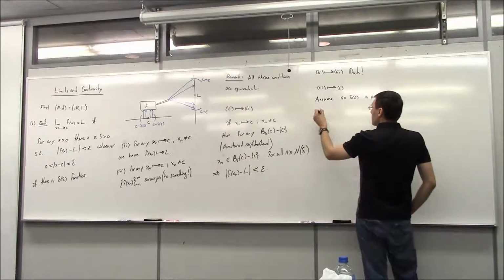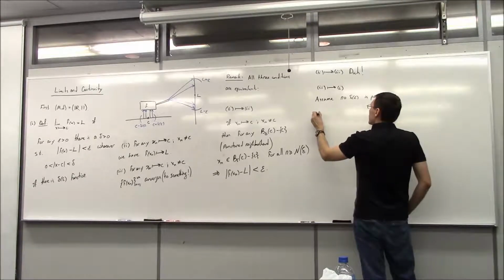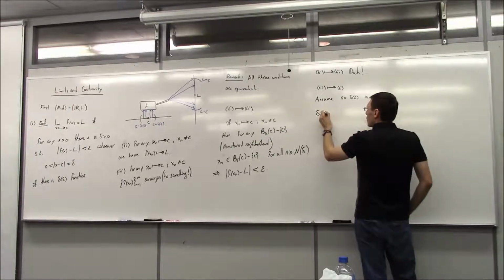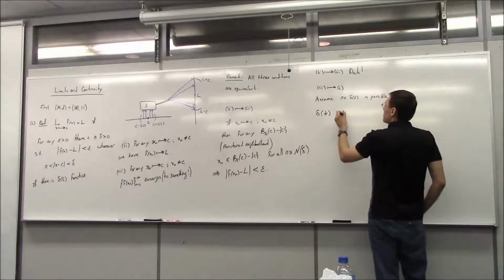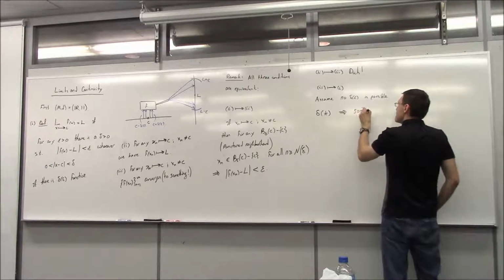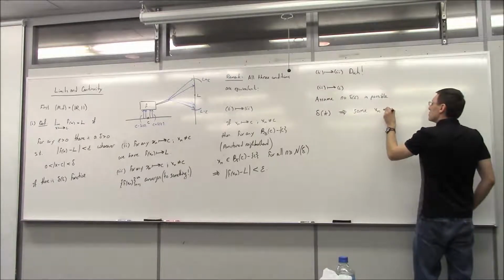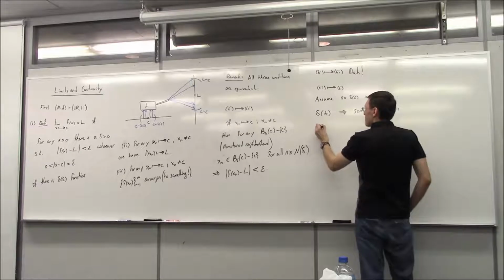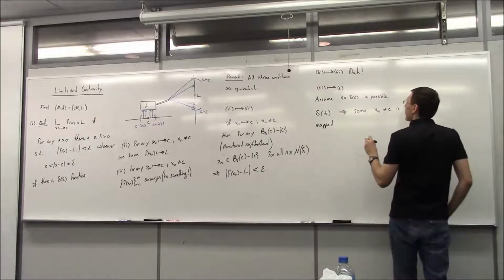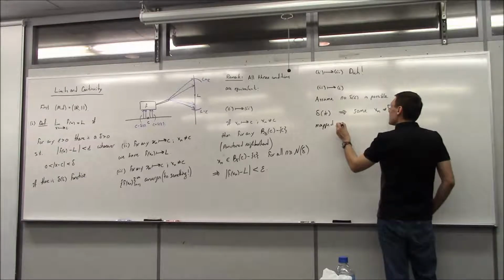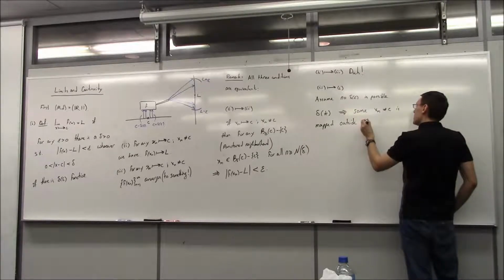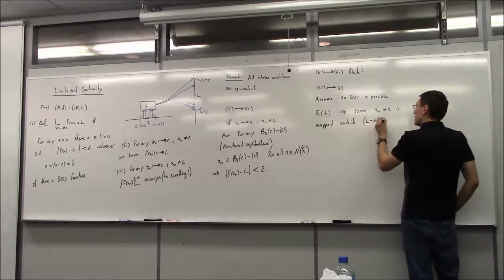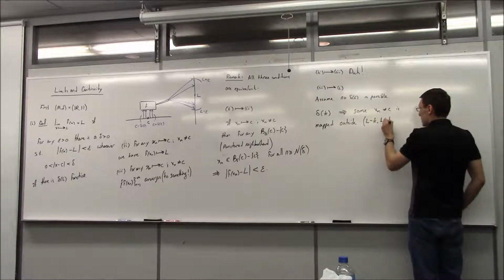It means that, in particular, if I take delta of, let's say, 1 over n, so for epsilon I can control it by 1 over n, then delta of 1 over n implies some xn not equal to c is mapped outside the interval L minus 1 over n, L plus 1 over n.